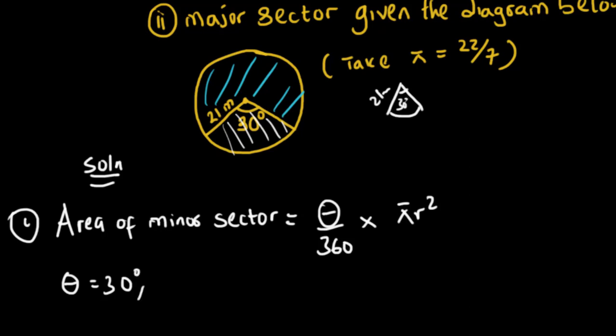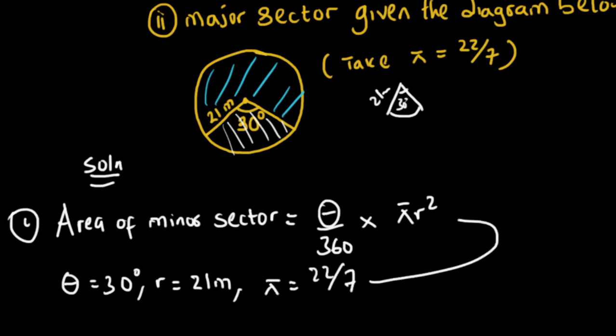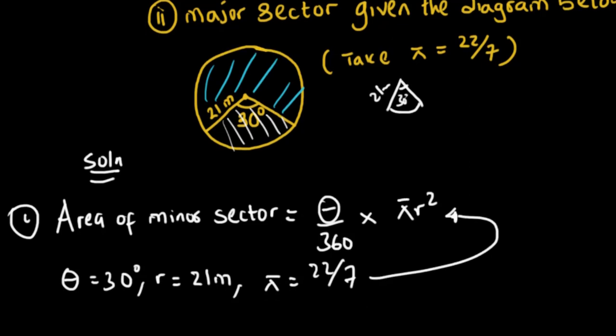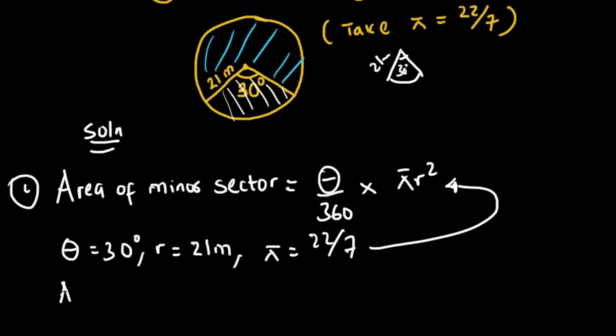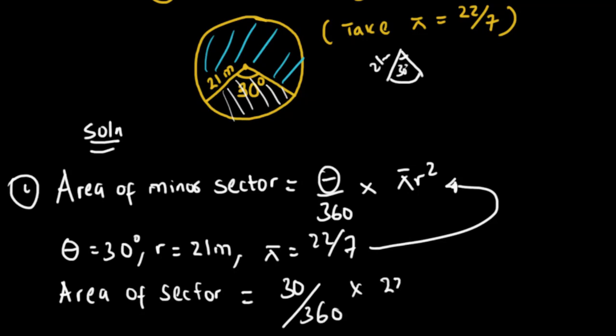We know our radius equals 21 meters. And then we're given pi equals 22/7. Now, all we have to do is to slot this into the formula. Area of minor sector equals 30 over 360 times 22/7 times radius 21, so we have 21 squared.